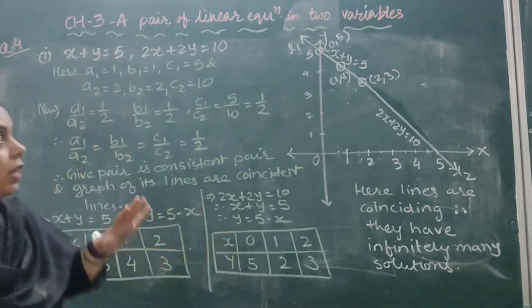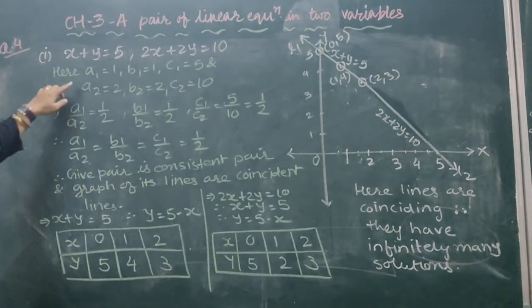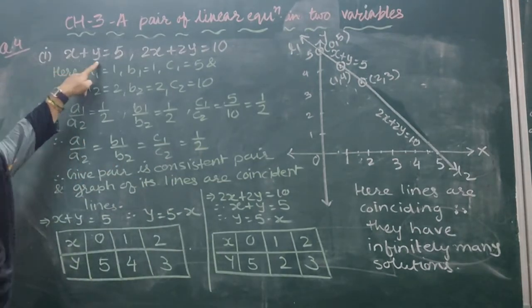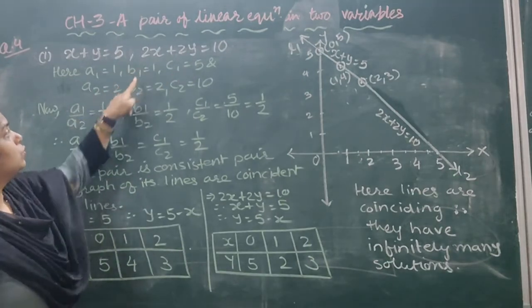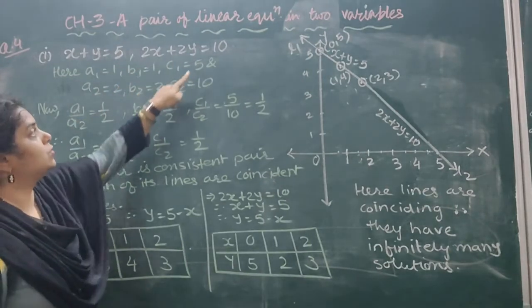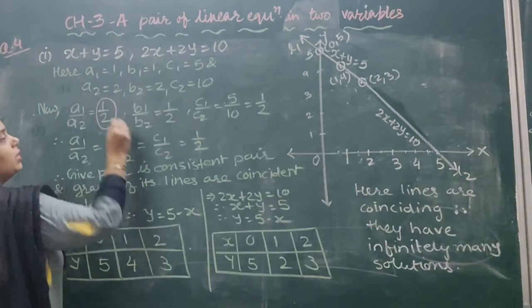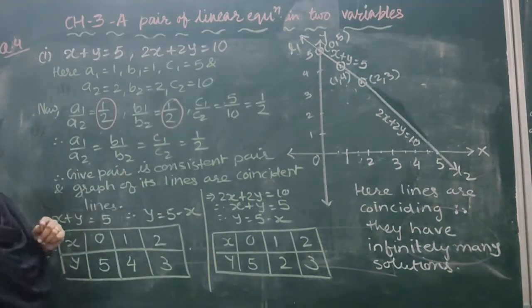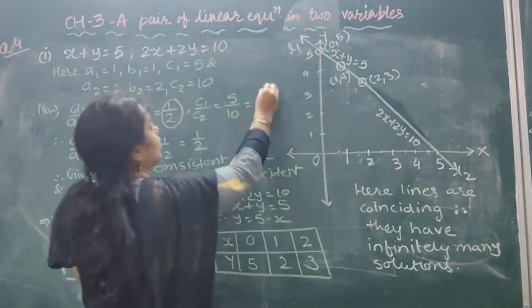Okay, and therefore I have written here the steps of the first sum, and you see here a1 is equal to 1, b1 is equal to 1, c1 is equal to 5, a2 is equal to 2, b2 is equal to 2 and c2 is equal to 10. So by taking the ratios, a1 by a2 is 1 by 2, b1 by b2 is 1 by 2, and c1 by c2 is 5 by 10, which is again 1 by 2.